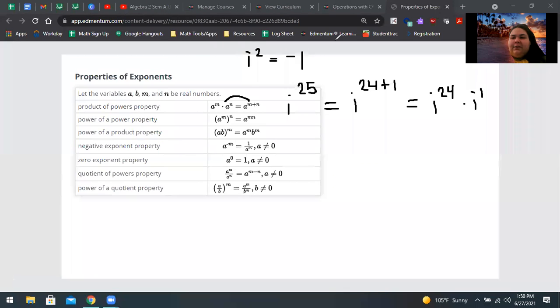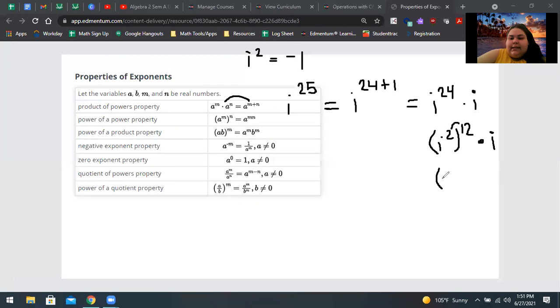Now again, we don't really like to write i to the 1 power. We just leave it as just i. Now, the rule that I used before for the first one is that I took this i to the 24 and I rewrote it as i squared, and I'm going to raise this to the 12th power because I know 12 times 2 will give me the 24. Keep in mind, I still have this i there. Now, i squared can be rewritten as -1.